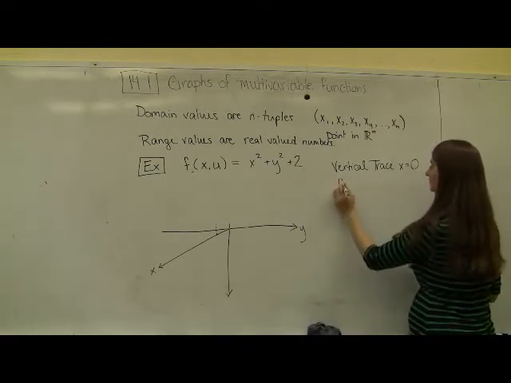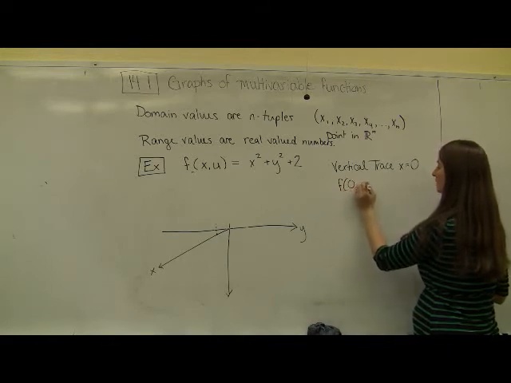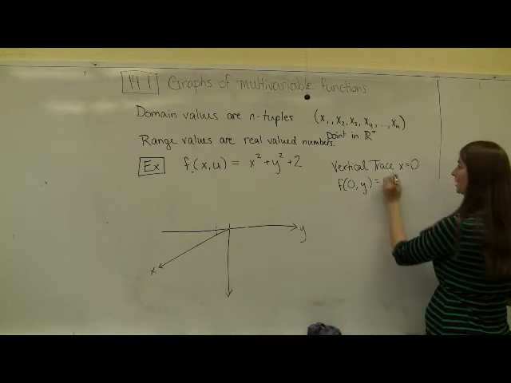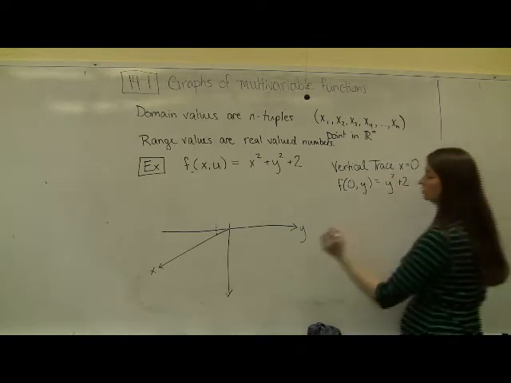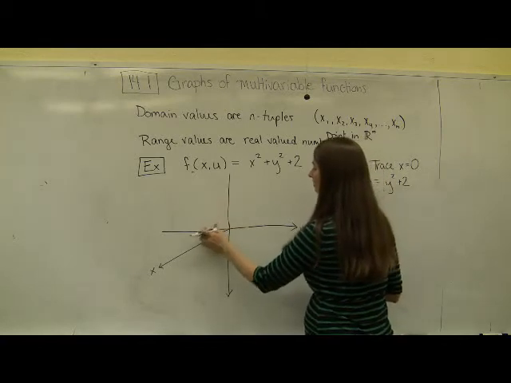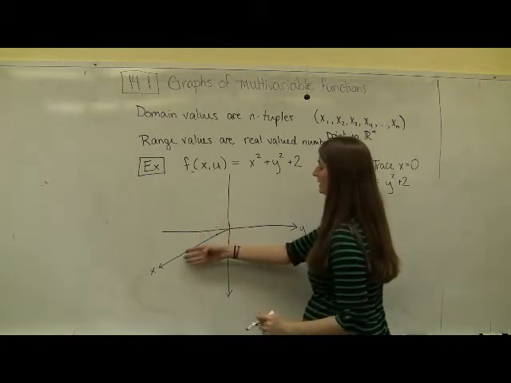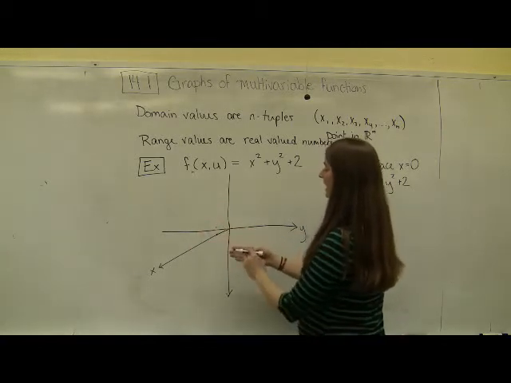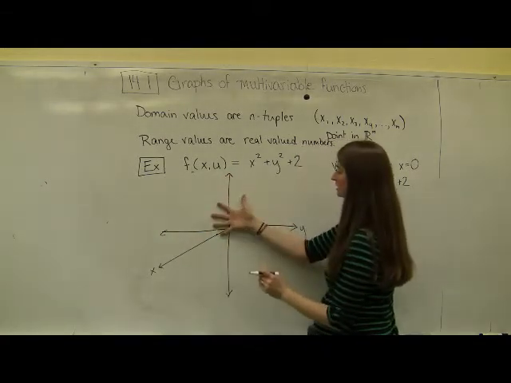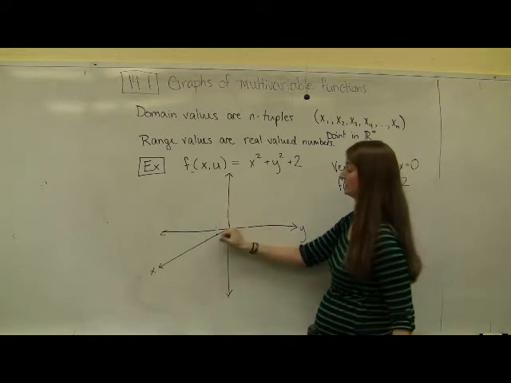F of 0, y is going to be equal to, if x is 0, you just get y squared plus 2, which means that you have a parabola. When x equals 0, I'm looking at the plane that's the plane of the board, essentially, because the x sticks out.